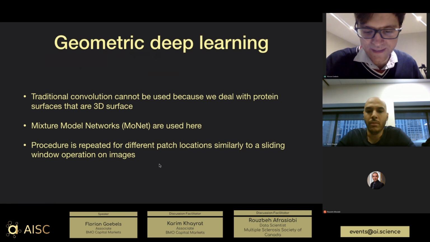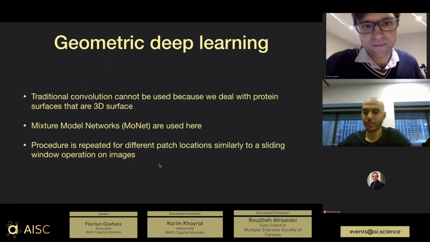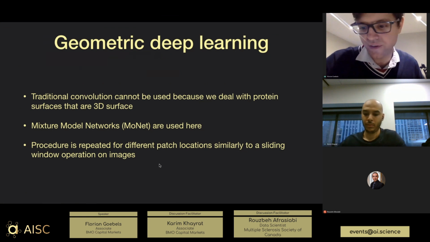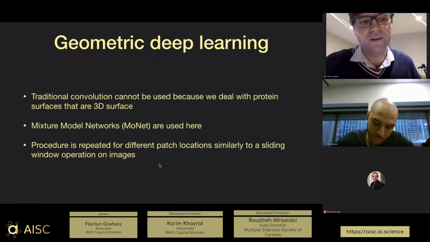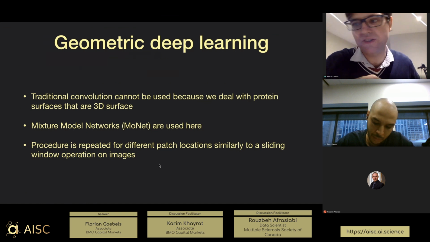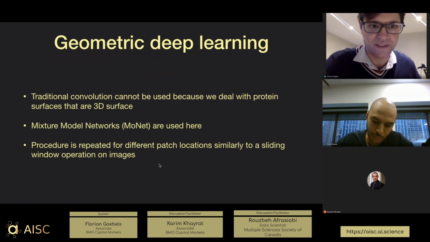And the problem is that it's a 3D surface, right? You cannot simply do 2D convolution on it, because it's not uniformly shaped, and you can't leverage the structure of a 2D image as you can for the 3D surface.